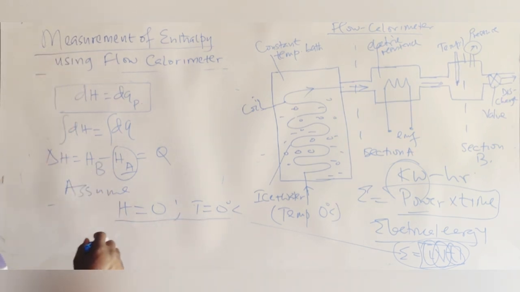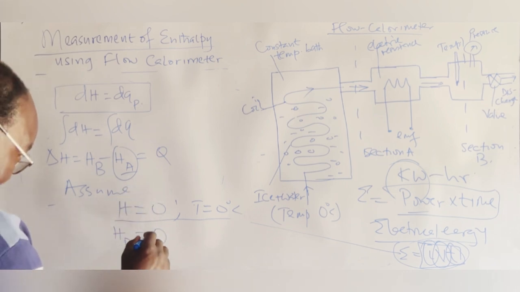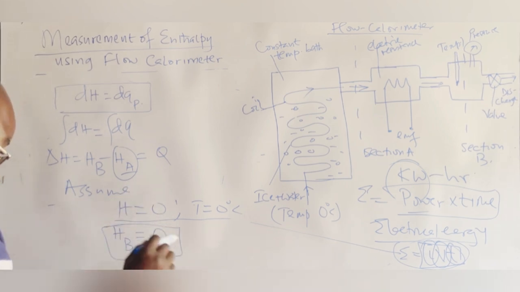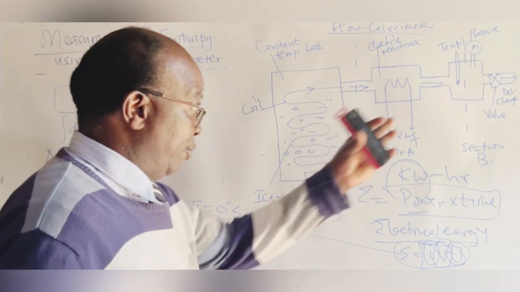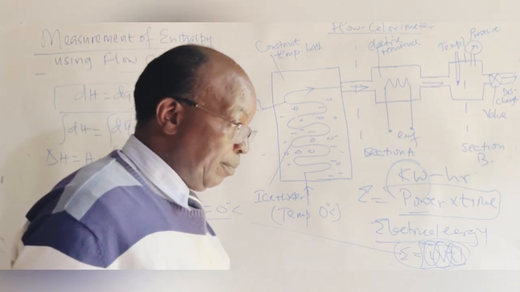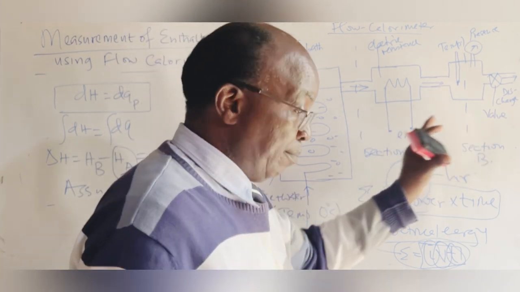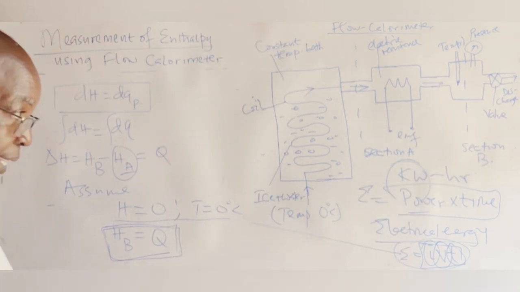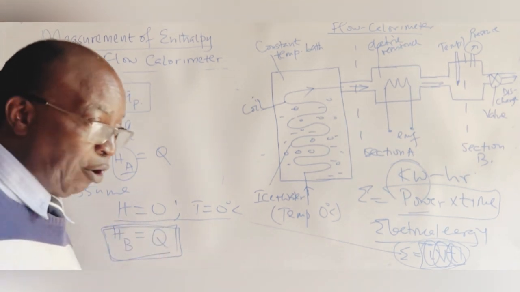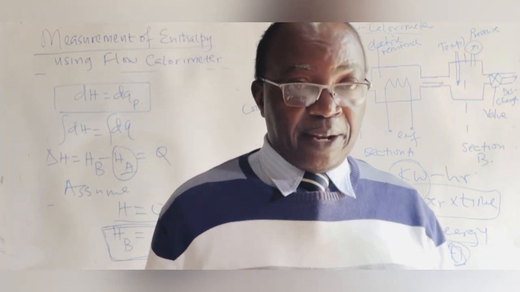So what we are able to measure is how the enthalpy changes as heat is supplied through the system. We should be able to measure the enthalpy between point B and point A. So this is an empirical method of determining the enthalpy of a system.